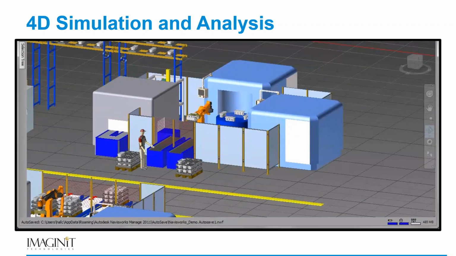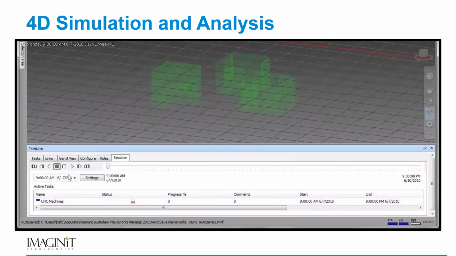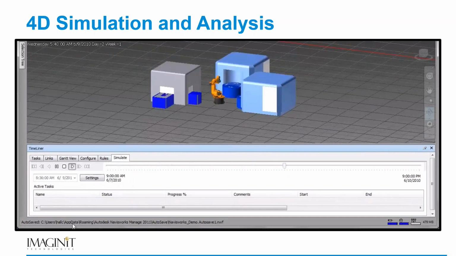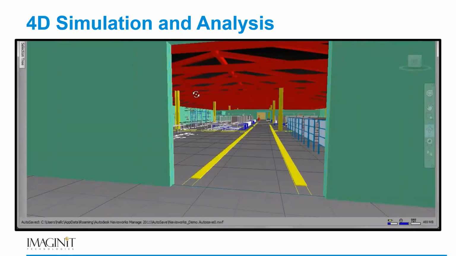And we know that in those cases, there has to be some kind of egress, there has to be safety and clearance zones. And then we tie through the timeline, or tying that to a schedule, it allows us to clash detect over time.